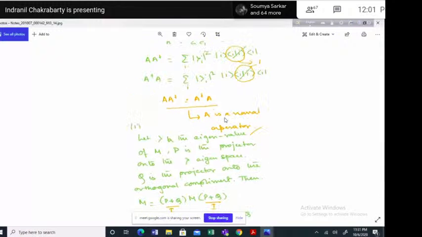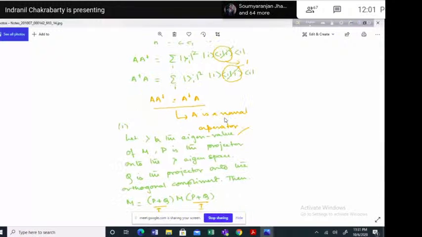This is the converse: if it is a diagonalizable operator, then that operator is also normal. Now we have to show that given a normal operator, it will always be diagonalizable in some basis.